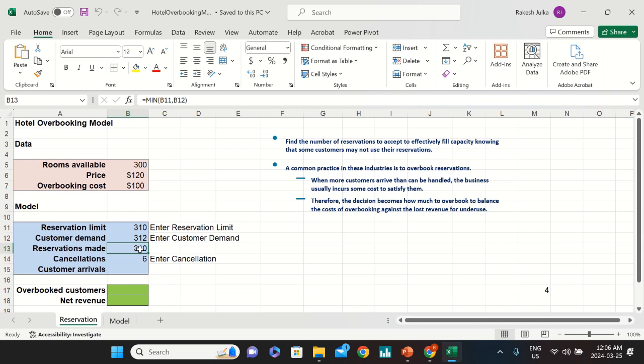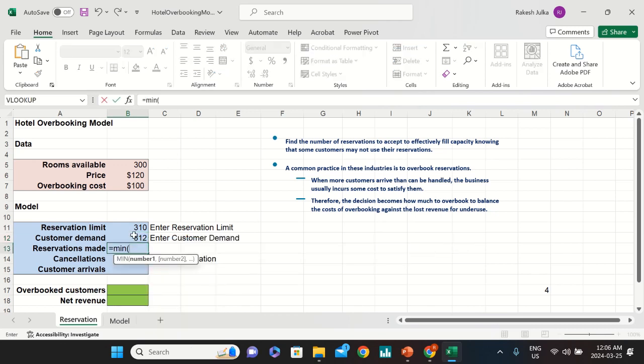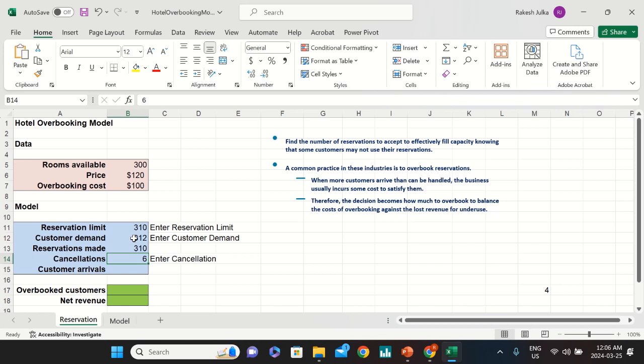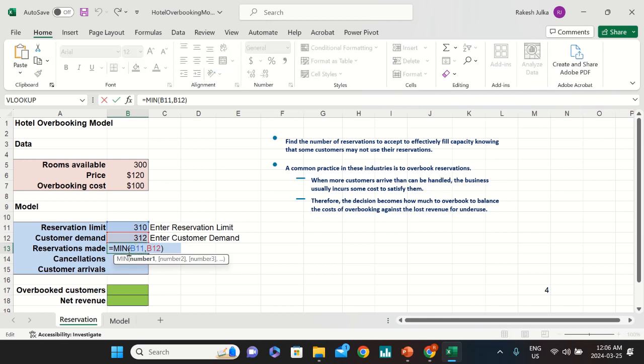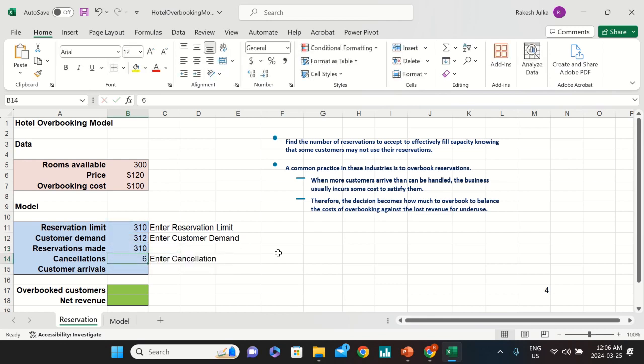For example, if we enter the customer demand as 312, we calculate the minimum between the reservation limit and the customer demand. So we will come to know that the reservation made is 310, because 312 clients called for a reservation, but as per the maximum capacity set, it is 310. We used the formula minimum of these two, so that will be 310. So 310 was the reservation made.